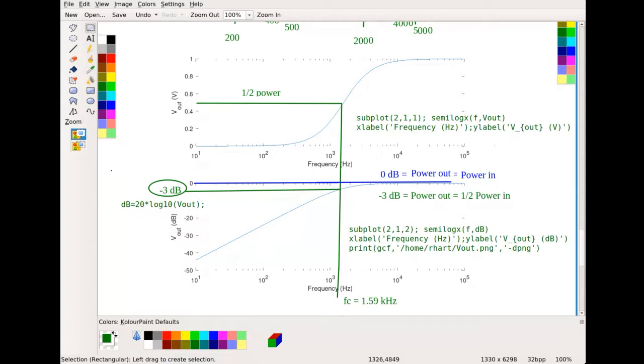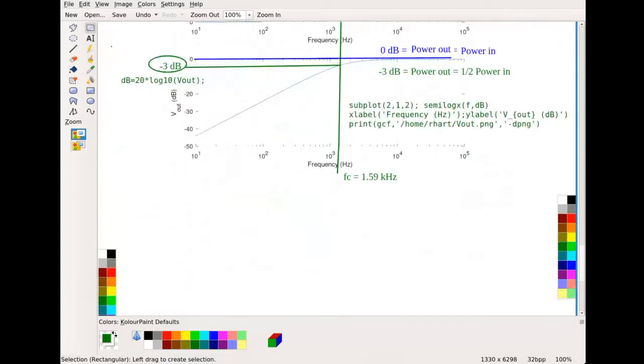Okay, so if you look at, remember the equation for decibels is 20 times log times the V out.